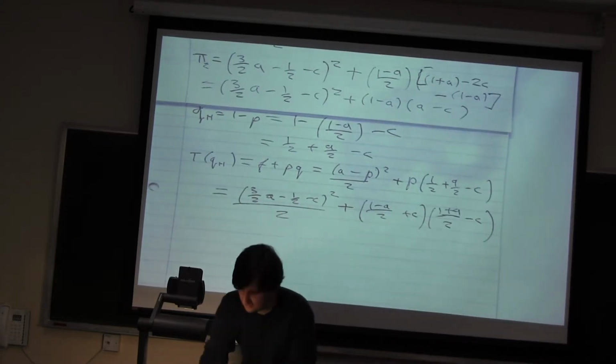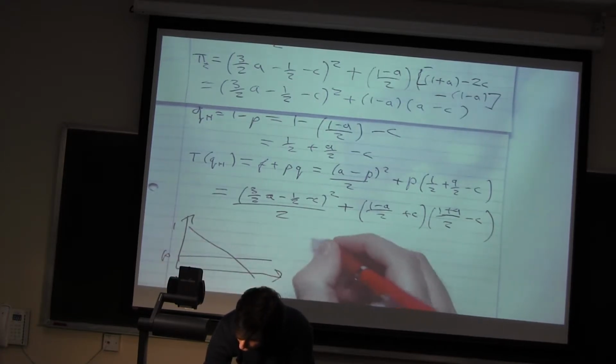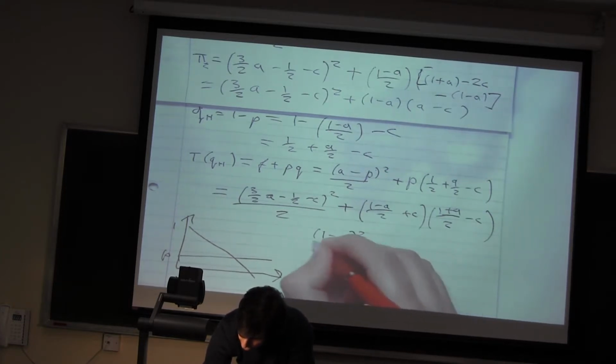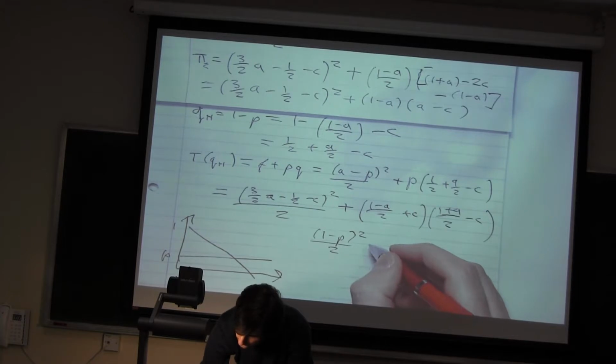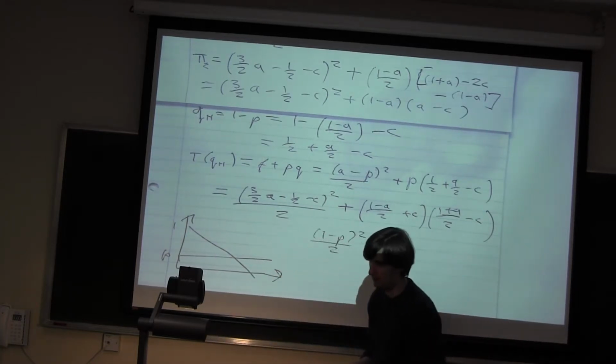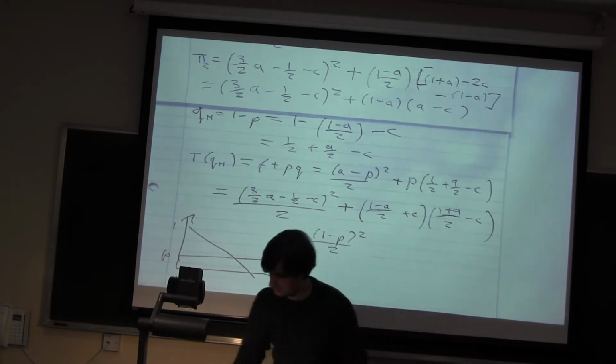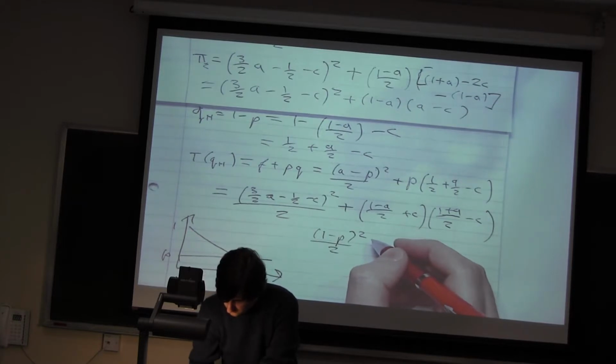The surplus of a high type is given by 1 minus p squared over 2. Are they consuming the whole thing?